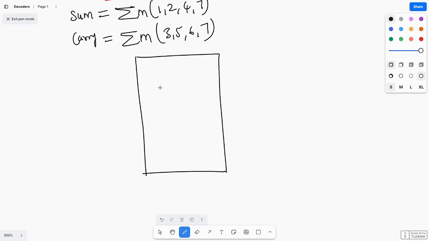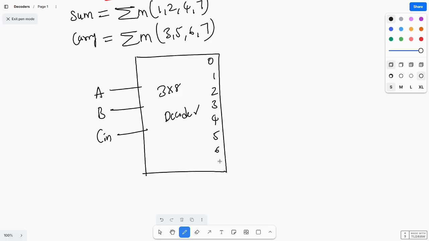This is a 3 to 8 decoder. You have the inputs, let us take the inputs as A, B and C, and you have outputs 0 1 2 3 4 5 6 7.